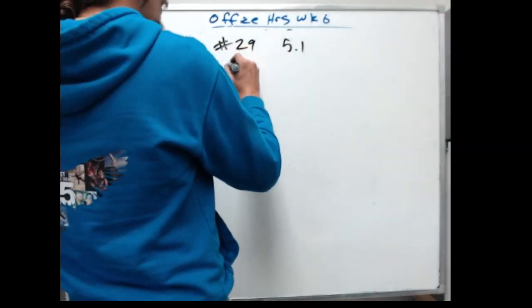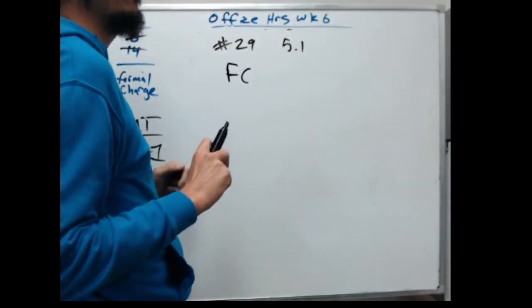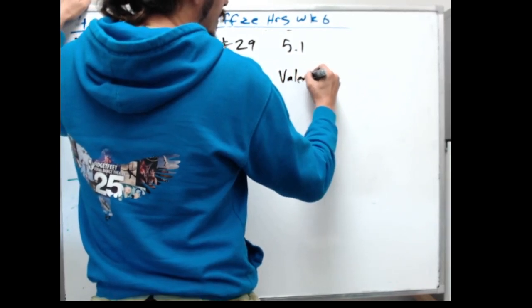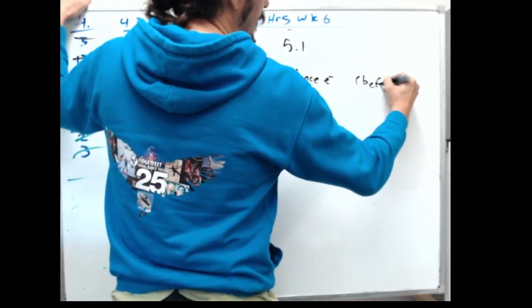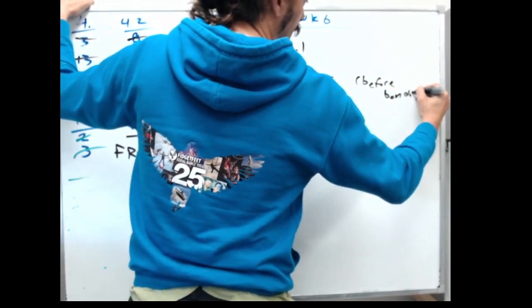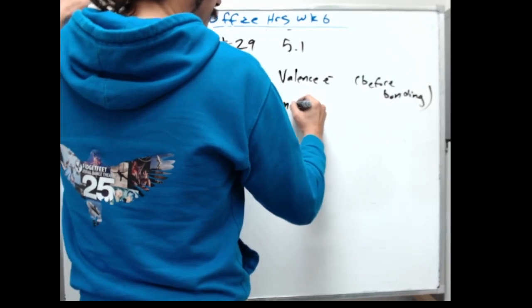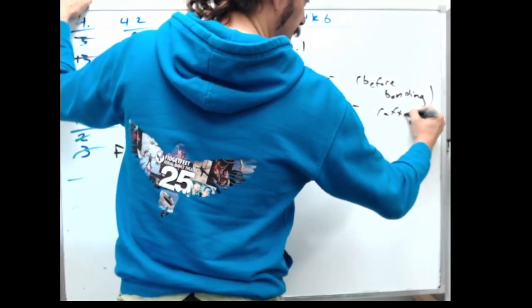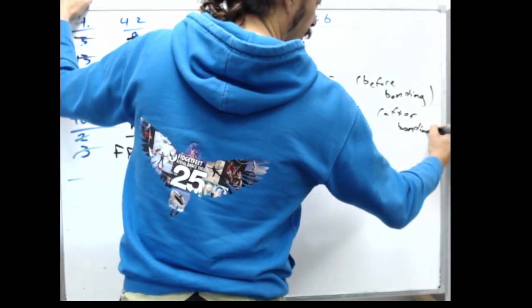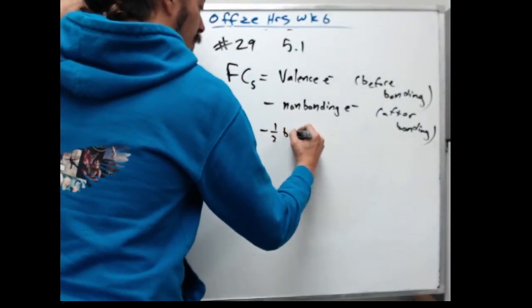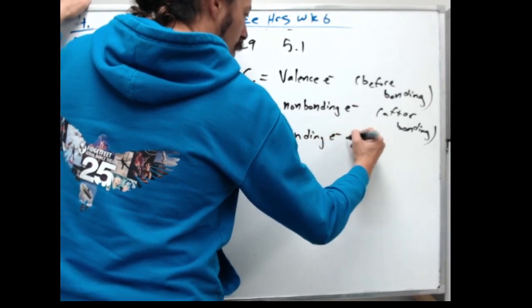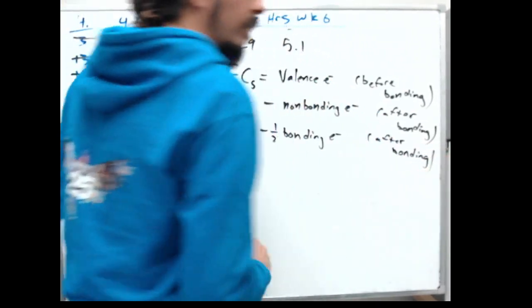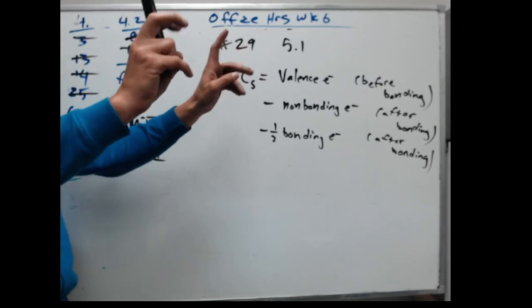So the way we calculate the formal charge, whether it's breaking the octet or not, the formal charge on sulfur is calculated the same way: valence electrons before bonding, minus non-bonding electrons after bonding, minus half of the bonding electrons after bonding. Right, same equation whether it's following the octet rule or not.